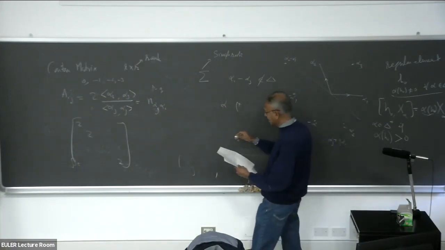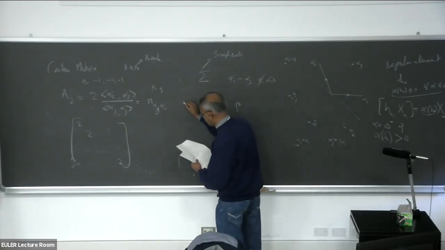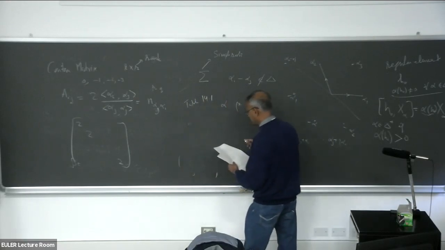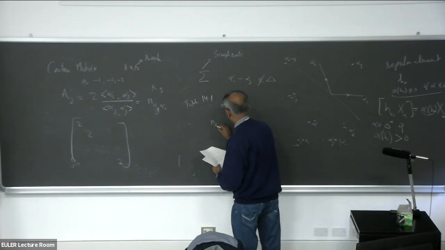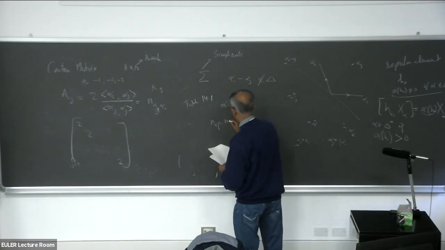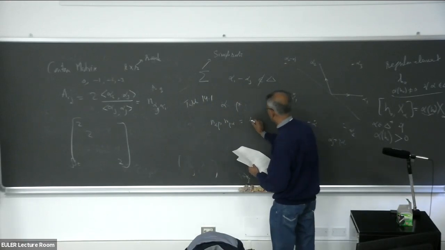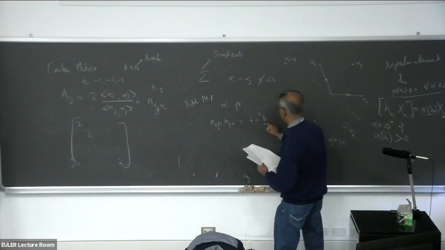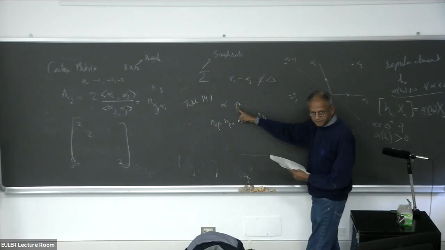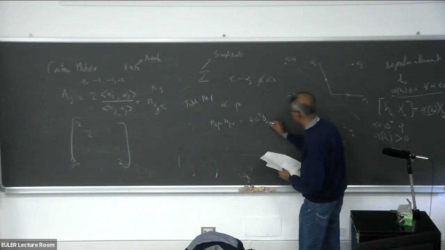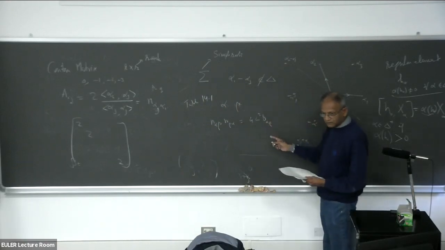This was table 14.1. So there the only possibilities were, if I look at n alpha beta, n beta alpha, we know that this is 4 cos squared theta, where theta is the angle between alpha and beta. Let's call it theta alpha beta. This is what we found.